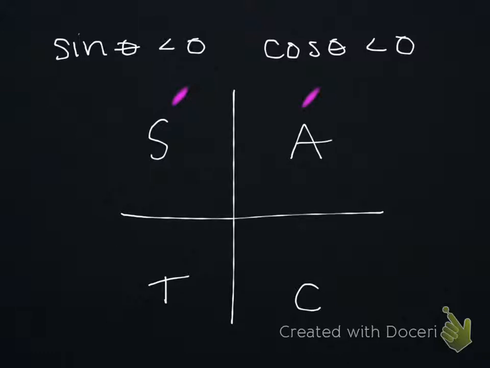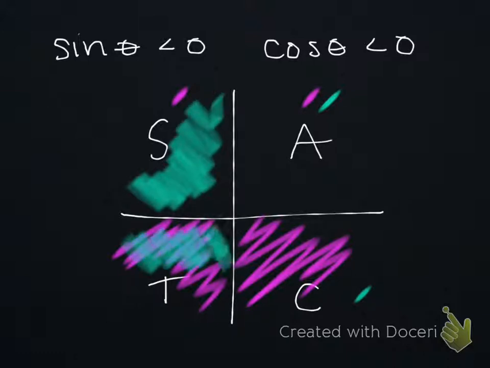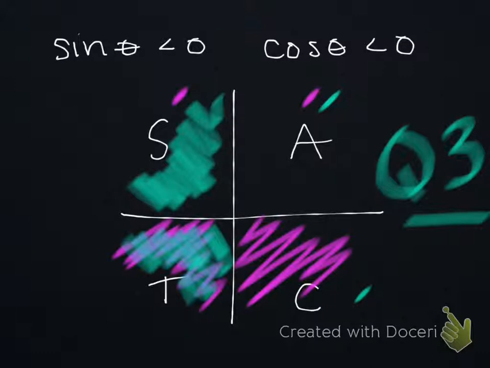So if it's positive in 1 and 2, that means it has to be negative in 3 and 4. Next it says cosine is less than 0. I know cosine is positive in 1 and in 4. But I'm looking for where it's negative. So obviously if it's positive in those two, it's negative in the other two. So cosine is negative in 2 and 3. So the answer, the quadrant where they overlap, would be quadrant 3. So that would be our answer.